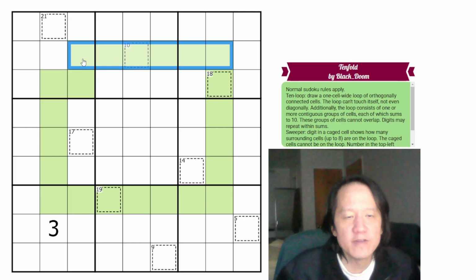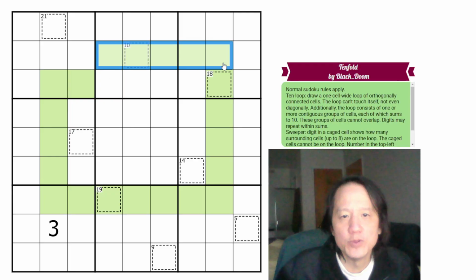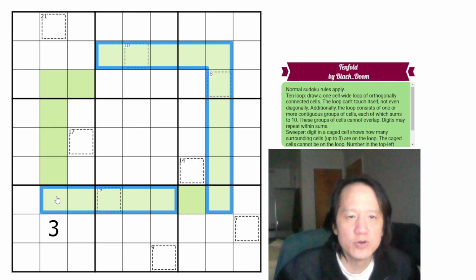So this is an example of a valid loop. If we remove this, this is no longer valid because this is no longer touching 2 cells orthogonally, which means sharing an edge. So this would not be a valid loop because it's not touching an edge.